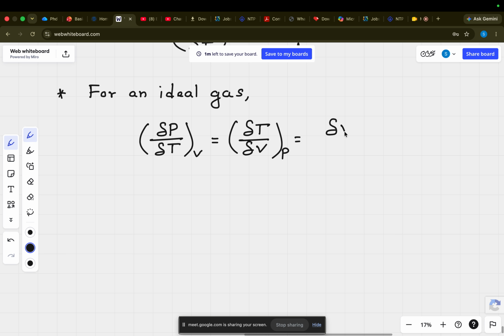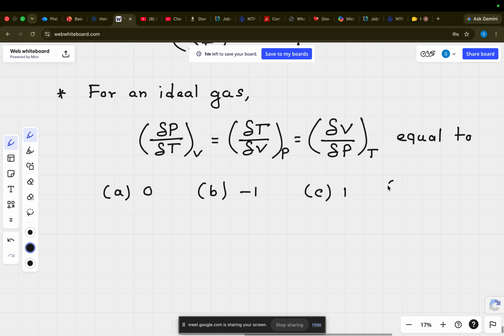Del V by del P at constant T. That they are asking equal to what? Option A they have given 0, option B they have given -1, option C they have given 1, and option D they have given 2.